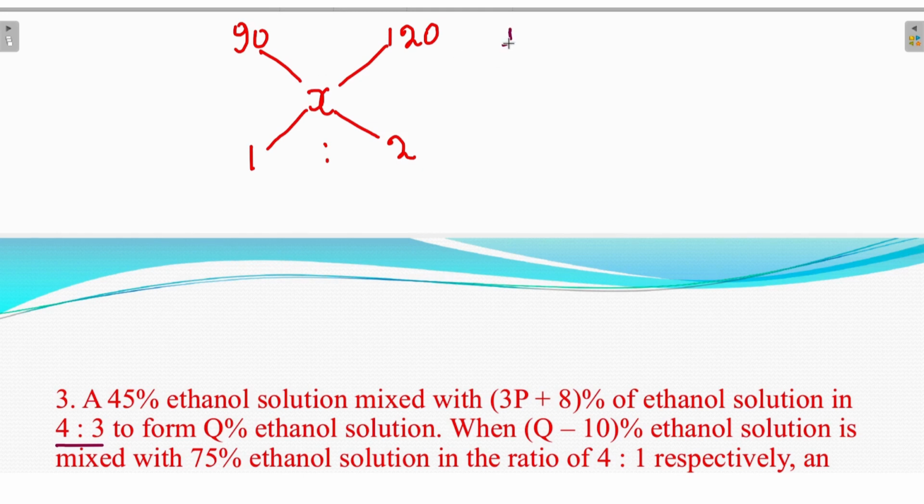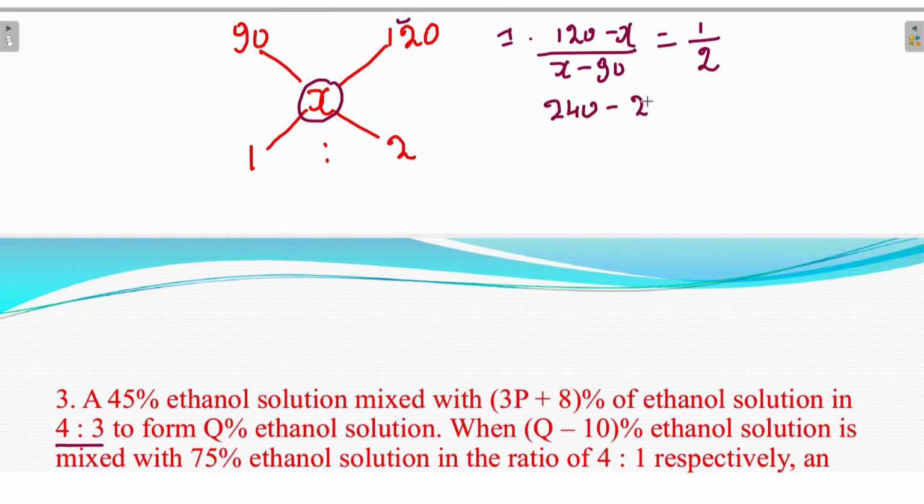Method 1. Here the big number is 120, so X will be less than this. 120 minus X is equal to X minus 90. If 120 minus X is 1 part, then X minus 90 is 2 parts. So 120 into 2, 240 minus 2X is equal to X minus 90.